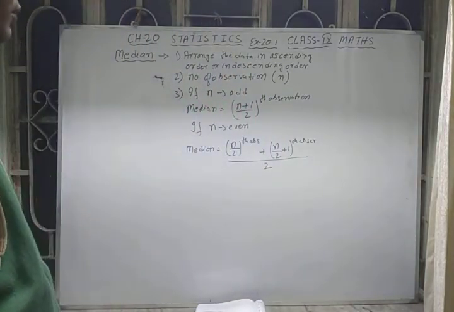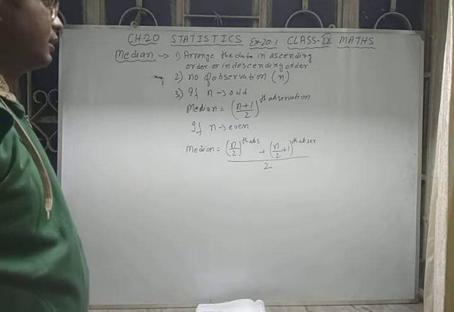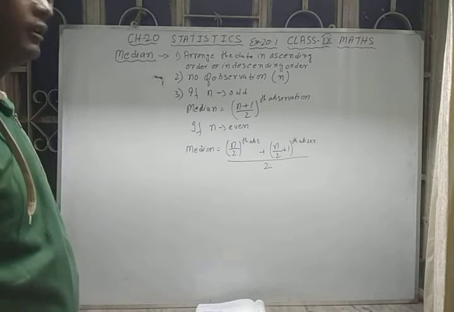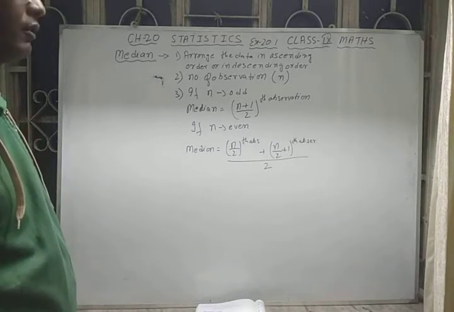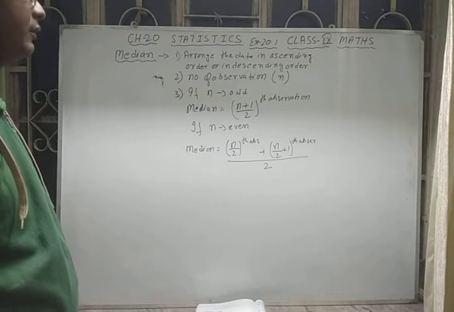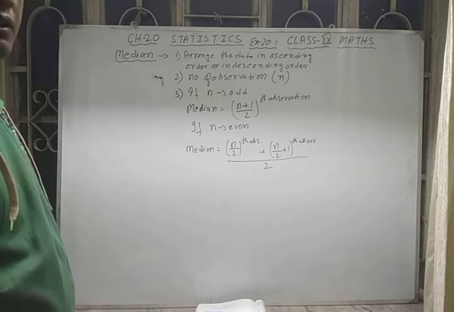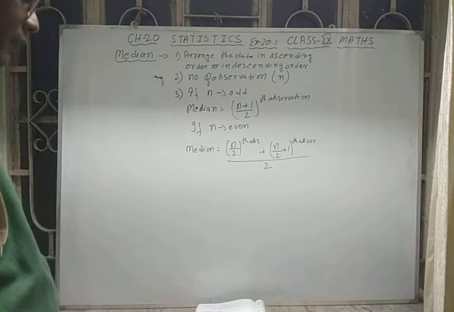So you have to follow these two formulas after arranging the given raw data or ungrouped data in ascending or in descending order.